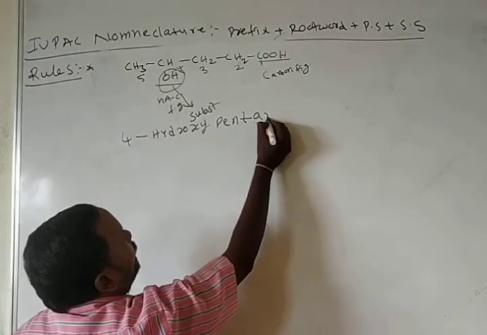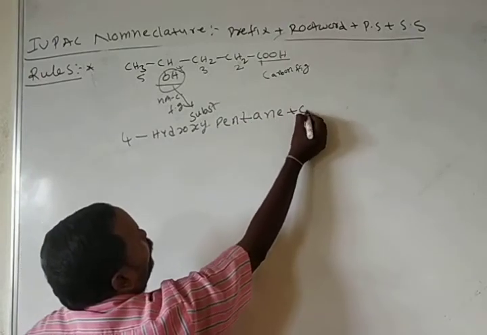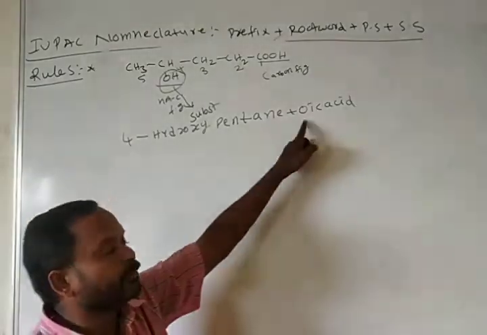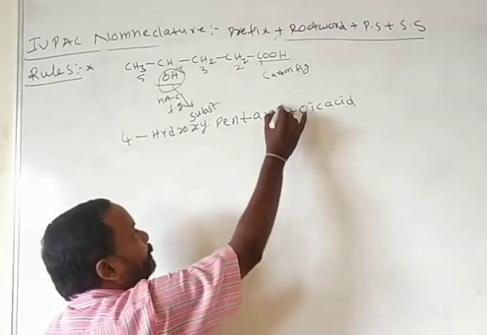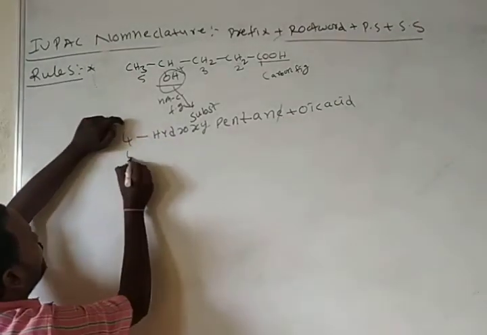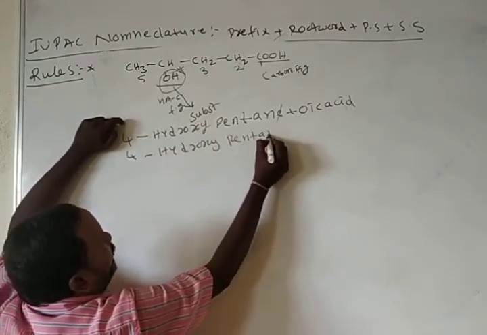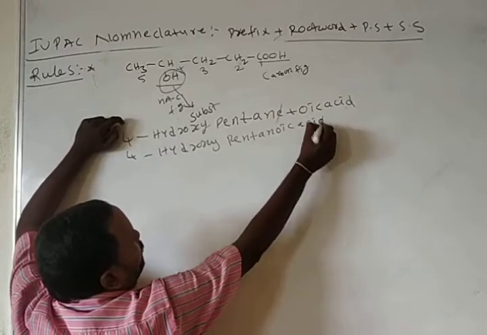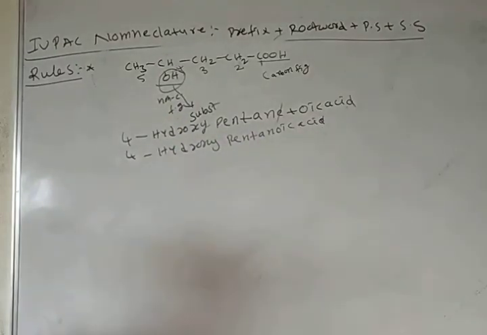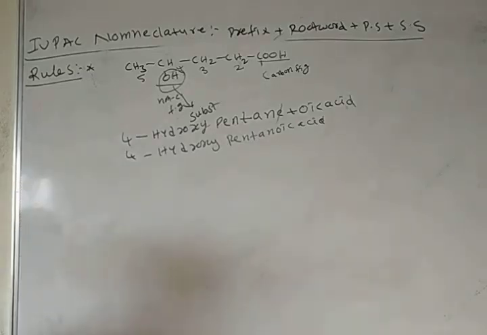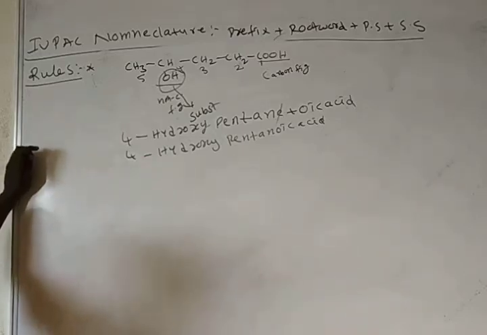No double bond, so ane. If a carboxylic acid is present, we use oic acid. The complete name is 4-hydroxy pentanoic acid. If non-carbon and carbon functional groups are present, we give the least number to the carbon functional group, and the remaining groups are considered just substituents.